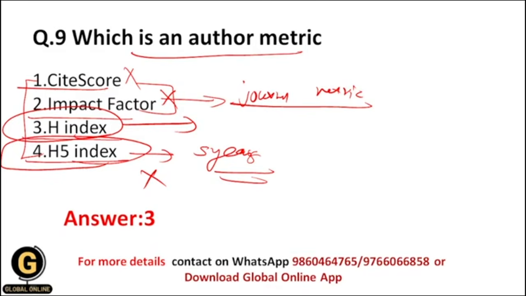Okay, and that's why remember students that H index is an author metric, this is not a journal metric. Okay, and all of these, CiteScore, impact factor, H5 index, then AI, all of these are journal metrics. Again eigenfactor is a journal metric. Okay, so your correct answer should be 3.